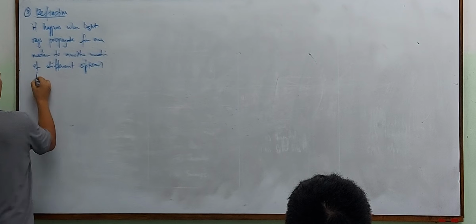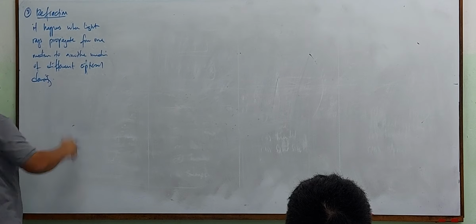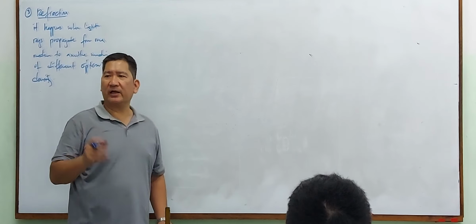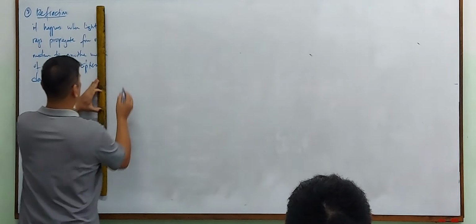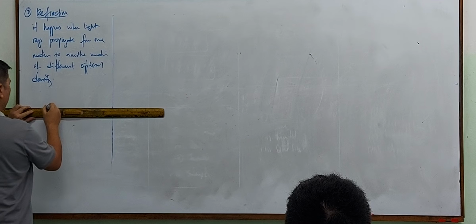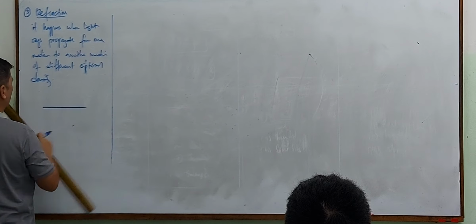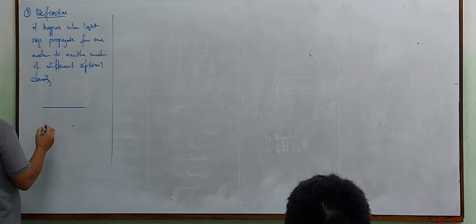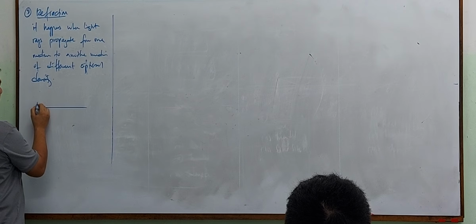Optical density is another word for... for example, like this, we have two different materials. This is the simplest one. We can choose water and glass.